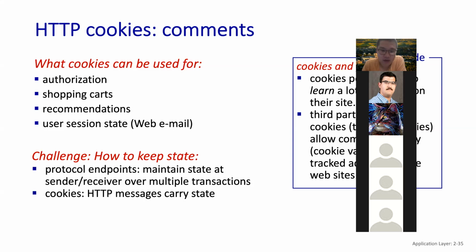So you can allow that to get better service, but that also exposes your privacy to the third-party software. So that's the idea of how we use HTTP cookies to keep track of your historical information or the state of the HTTP requests and responses.